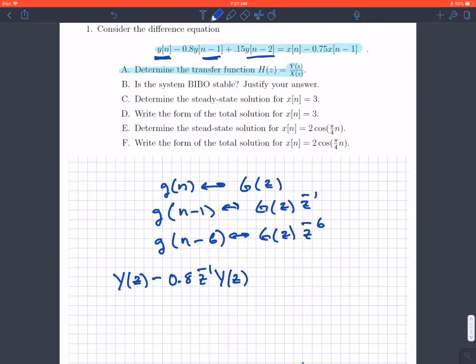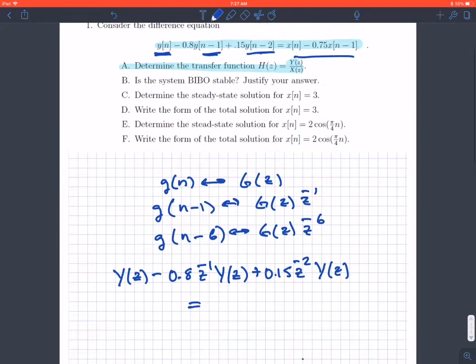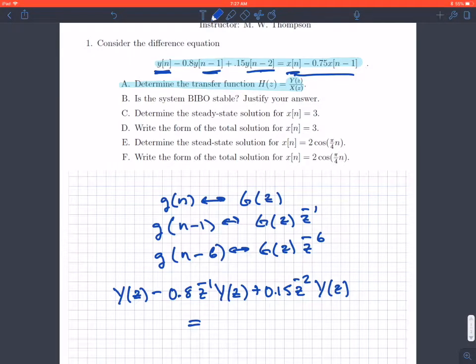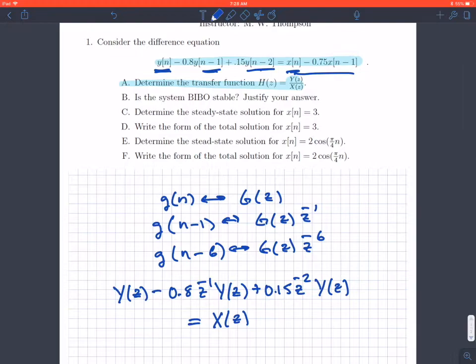Next we have a delay by 2, so this is 0.15 z to the minus 2, y of z. Now we can move to the x side of the equation. We have x of n by itself, no delays, so that's just x of z. And then minus 0.75 z to the minus 1, because that particular term is delayed by 1, z to the minus 1 x of z.